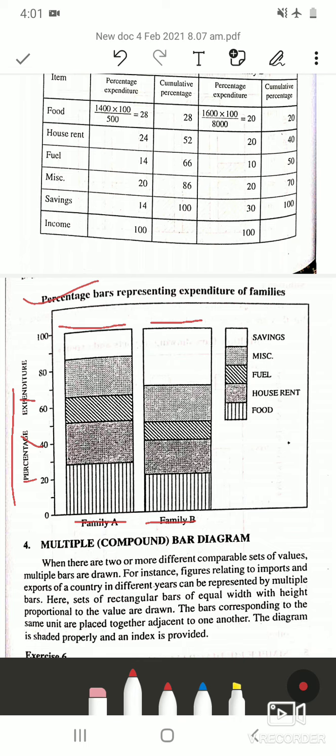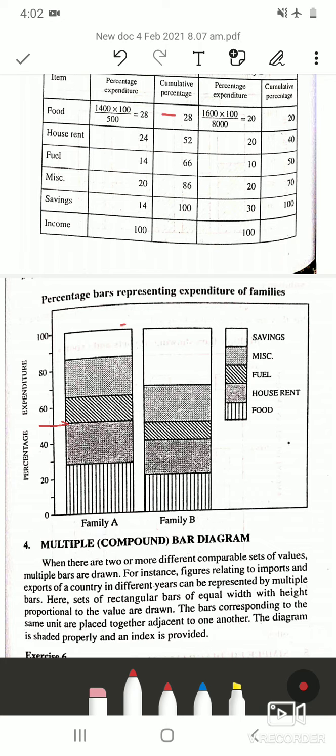So let us see for family A, the first component, the cumulative percentage is 28, which will be somewhere here. This is 30, so below that it is 28. So they are representing it with a straight line. The first component is food, show it in the index. Then the next one is house rent, which is 52, completely shaded, write it.